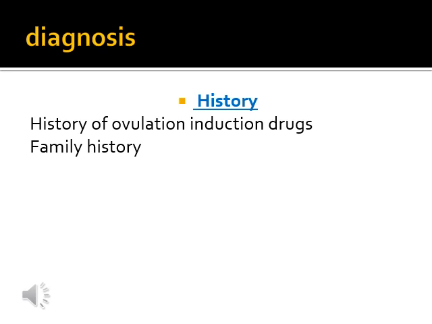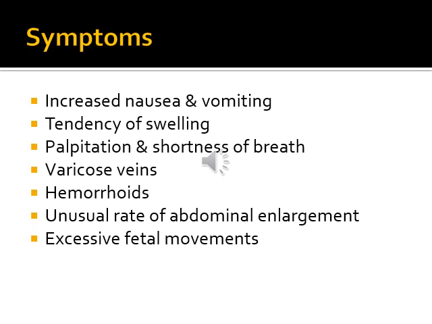The symptoms that can be seen in the mother are increased nausea and vomiting, more morning sickness, a tendency of swelling in the lower extremities, then palpitation and shortness of breath due to the gravid uterus. Varicose veins and hemorrhoids can also be seen because the gravid uterus gives extra pressure on the veins. Then there is unusual abdominal enlargement due to the twin babies, and excessive fetal movements can also be present.